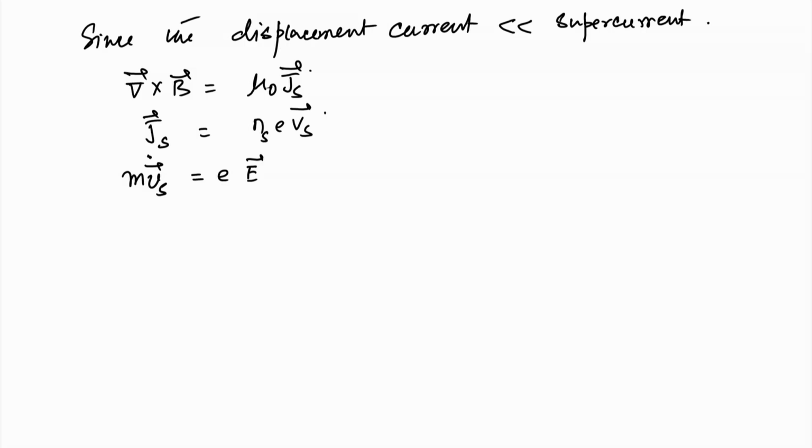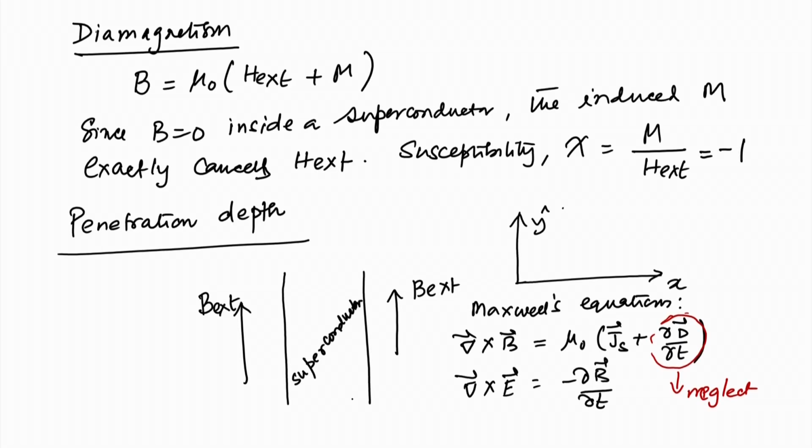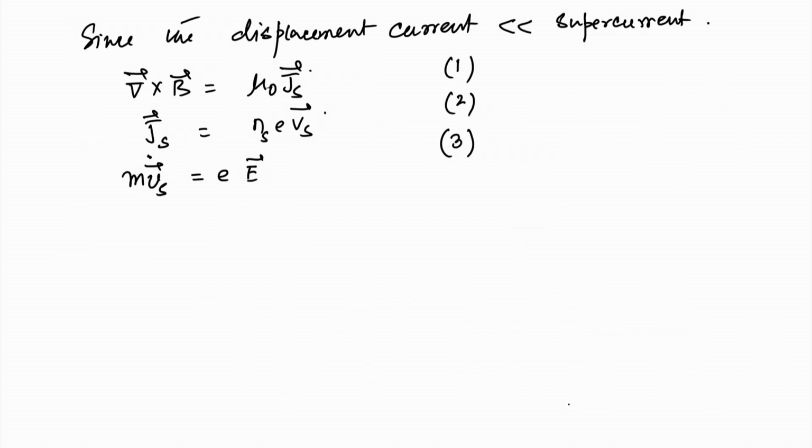So, if we call this 1, this 2 and this 3, and call these equations maybe A and B, what happens is that if we differentiate 2 with respect to time.